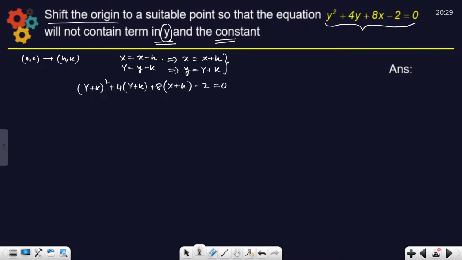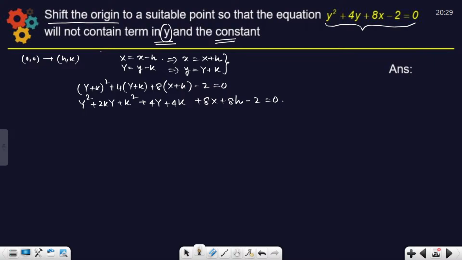Is this clear? Now, if I open the brackets, what we are going to have: Y square plus 2kY plus 4Y plus 4k plus 8X plus 8h minus 2 equals 0.